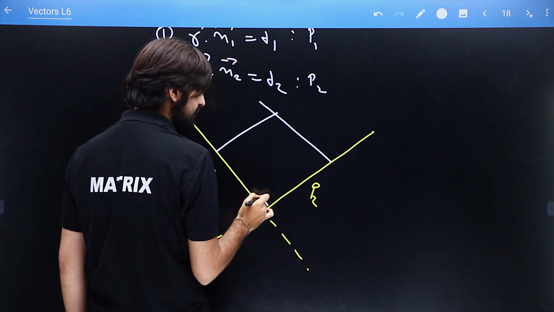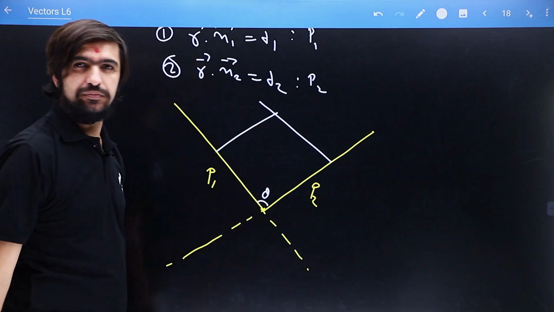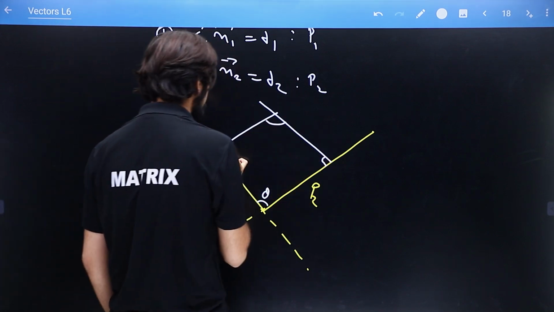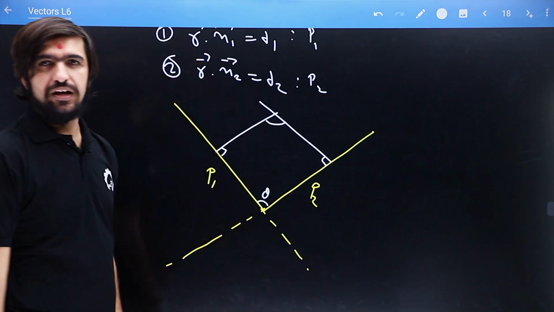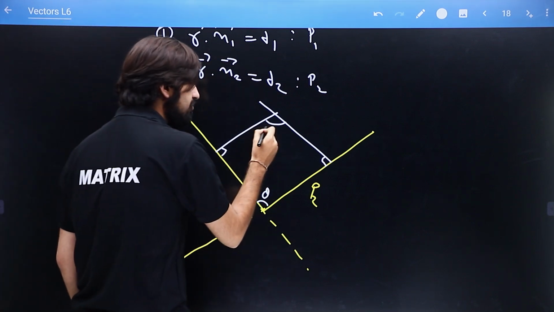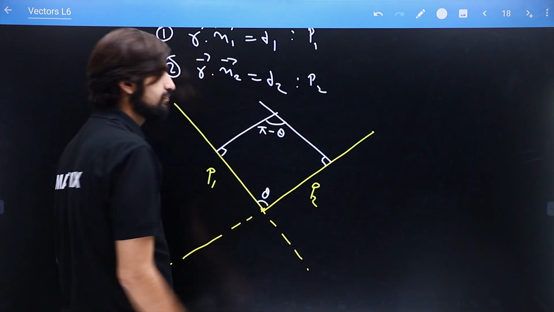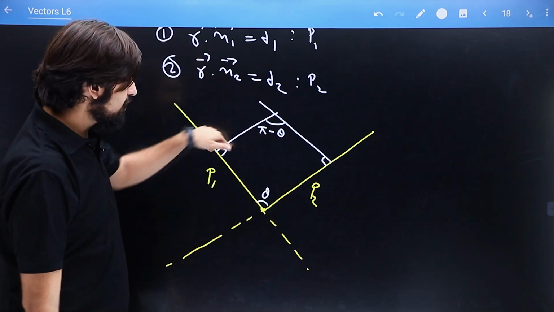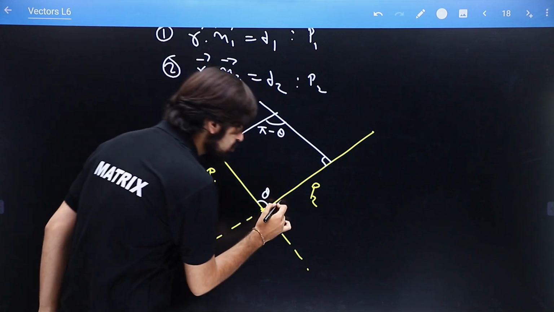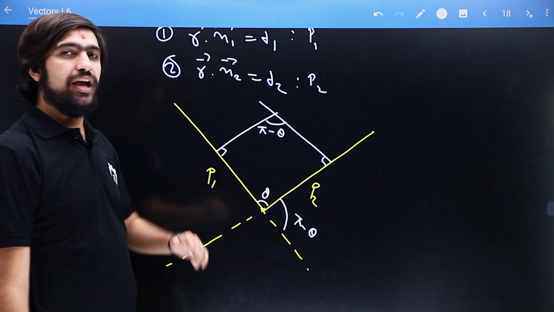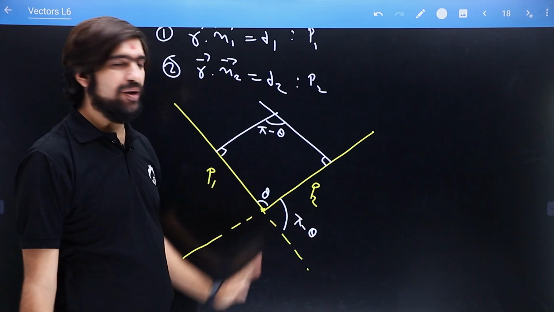If this is the angle theta between the planes, what will this angle be? This is 90 degrees, this is 90 degrees. We have a quadrilateral. In a quadrilateral, the sum of all the angles is 360, so 90 plus 90 is 180. So this will be pi minus theta. So whatever angle you are finding between the normals is also pi minus theta. So the angle between two planes is either theta or pi minus theta.